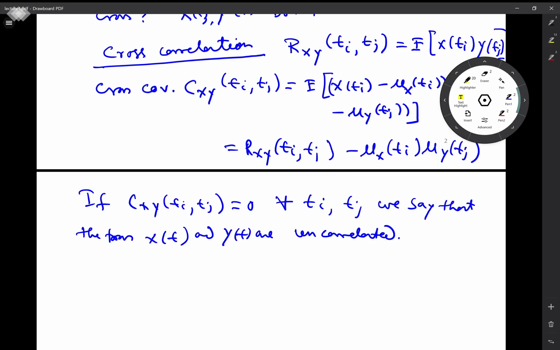You see that if it is 0, then Rxy will be mu x into mu y. So this will be uncorrelated.